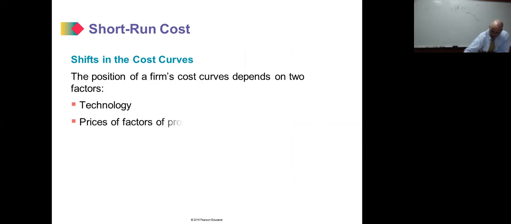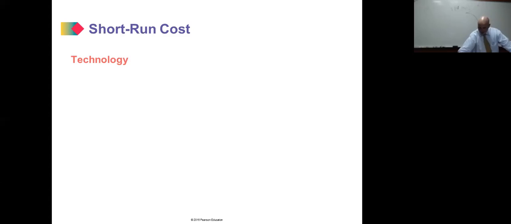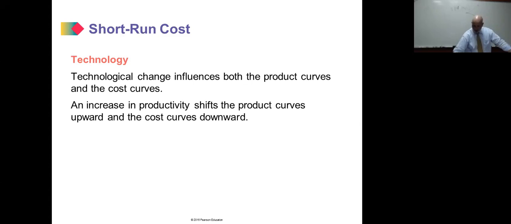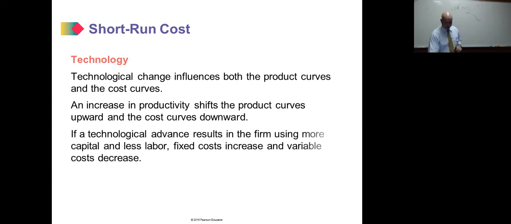Shifts in cost curves. We're going to say the positioning of the firm's cost curve is going to depend on technology and prices of factors of production. Technological changes influence both the product curves and the cost curves. With an increase in productivity, we shift product curves upward and cost curves downward.